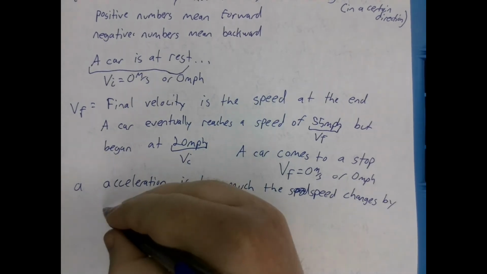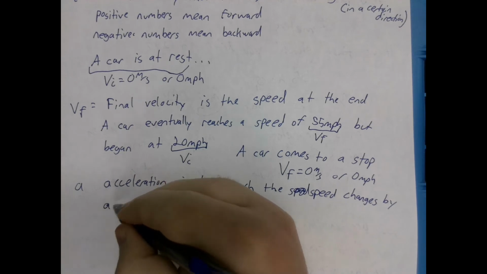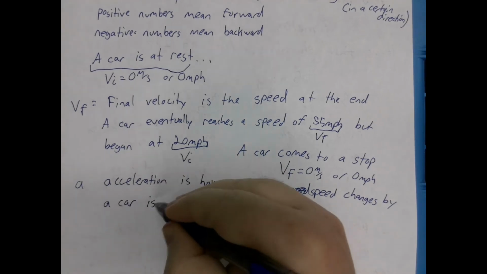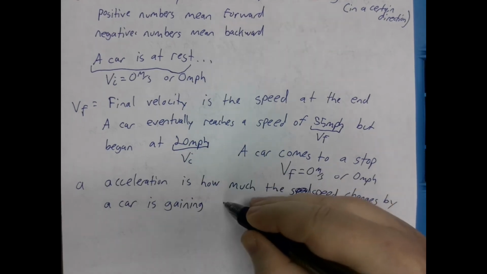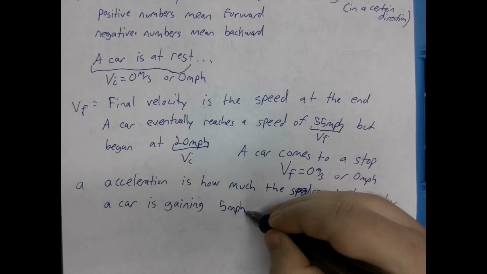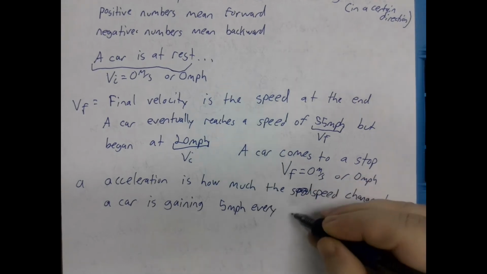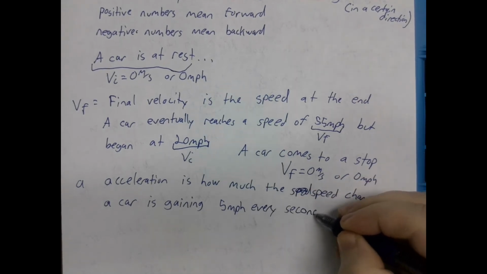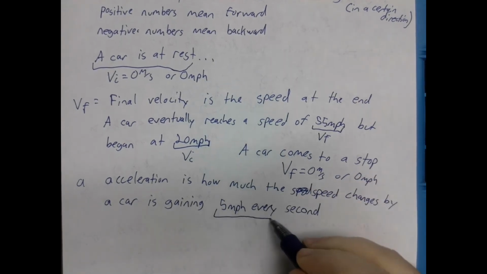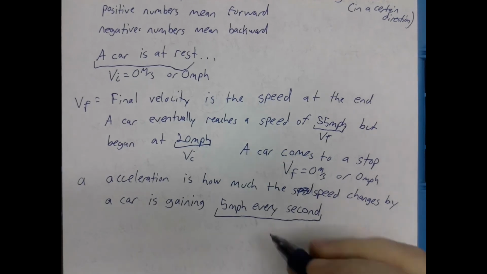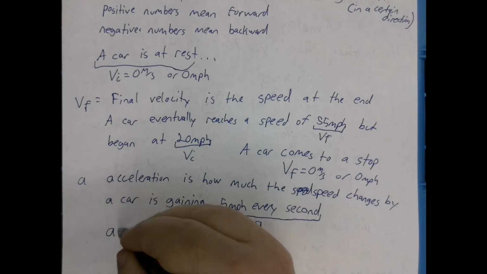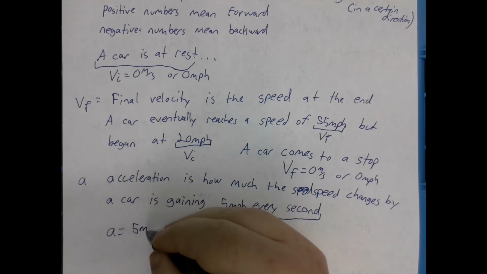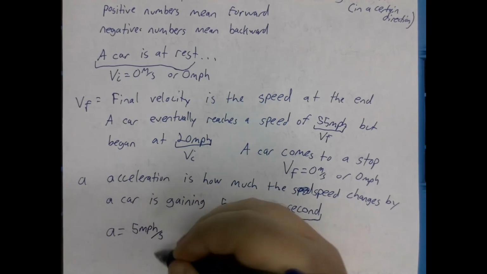So if I wrote that a car is gaining 5 miles per hour every second, this is telling you that it is gaining 5 miles per hour every second. That would be acceleration. We would write that as A equals 5 miles per hour per second.